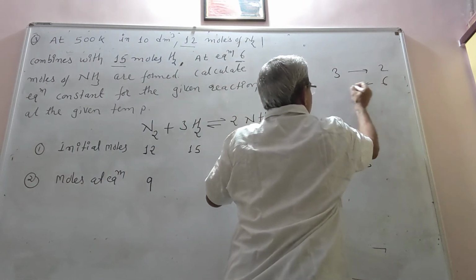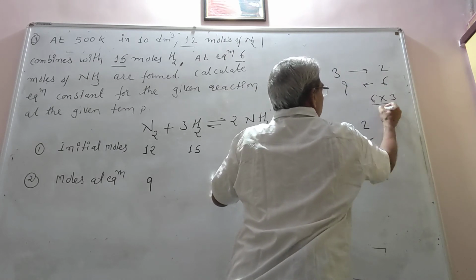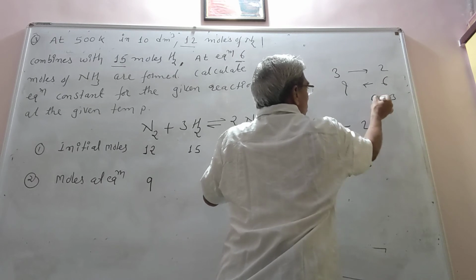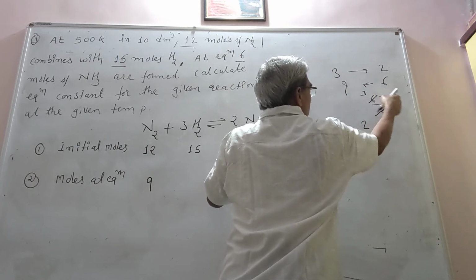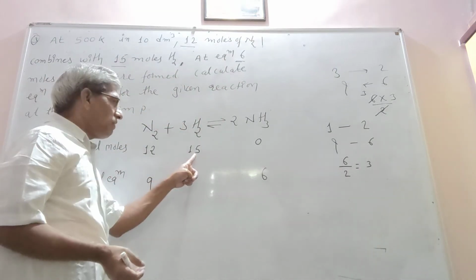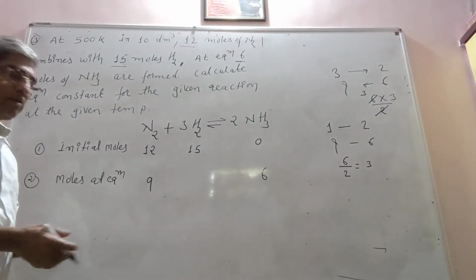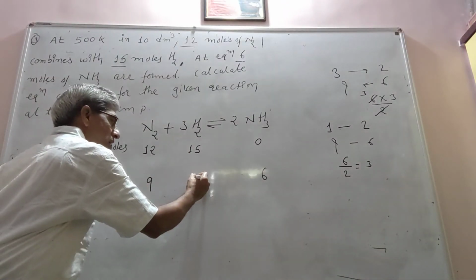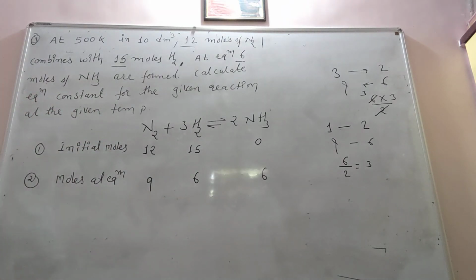Therefore, 6 corresponds to question mark. 6 into 3 divided by 2. 2 3s are 6. 3 into 3, 9 moles get reacted. Means out of 15, 9 moles get reacted. Then left moles how many? 15 minus 9 means 6 moles get left. These are the moles at equilibrium.